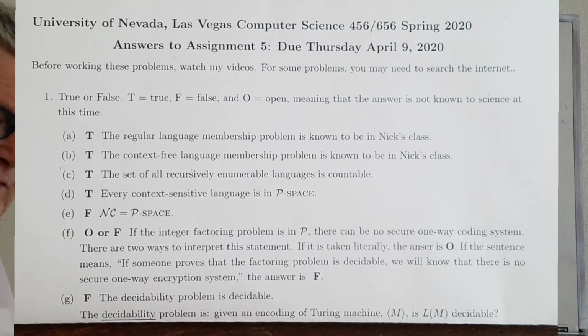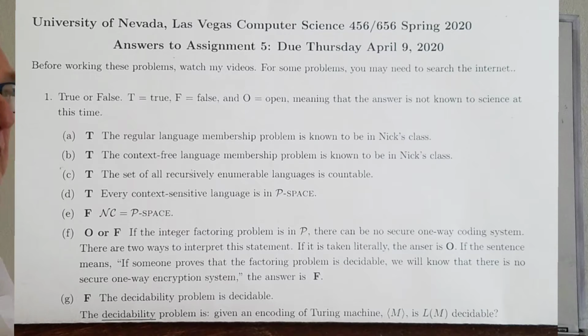The consequence would be that RSA encryption would no longer be secure, because it's a one-way code, meaning that it should be easy to encrypt something, and without the key, it's extremely hard to decrypt it. Actually, you don't need the key to encrypt it, and you do need the key to decrypt it. In that sense, it's a trapdoor encryption method.